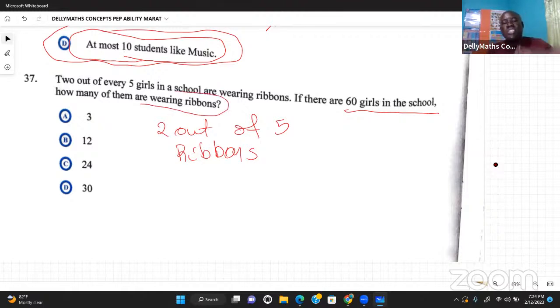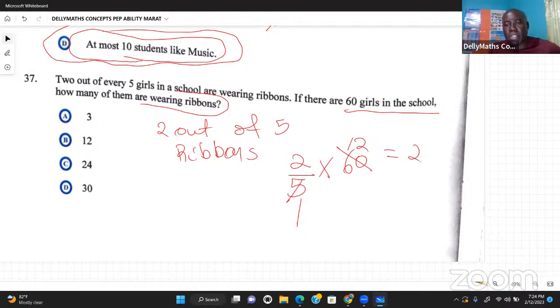So what you want to do is to take this as a fraction, 2 out of 5 of 60, right? Of means to multiply. So 5 into 60, 12. And then you're looking for 2 12s, 24. So it's about 24 girls that are actually wearing the ribbons there.